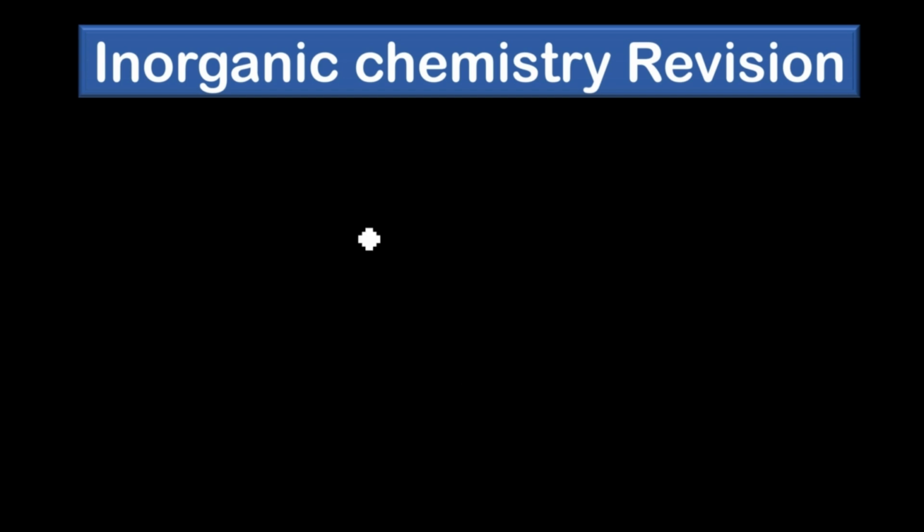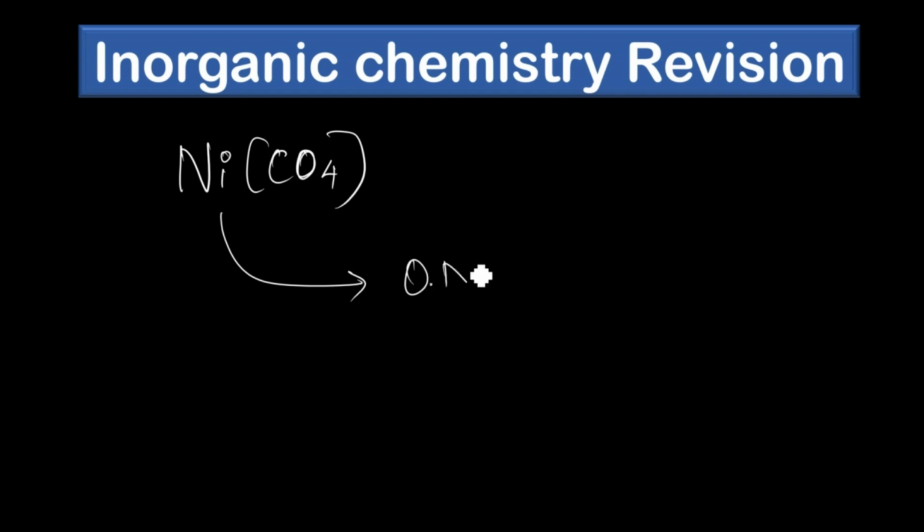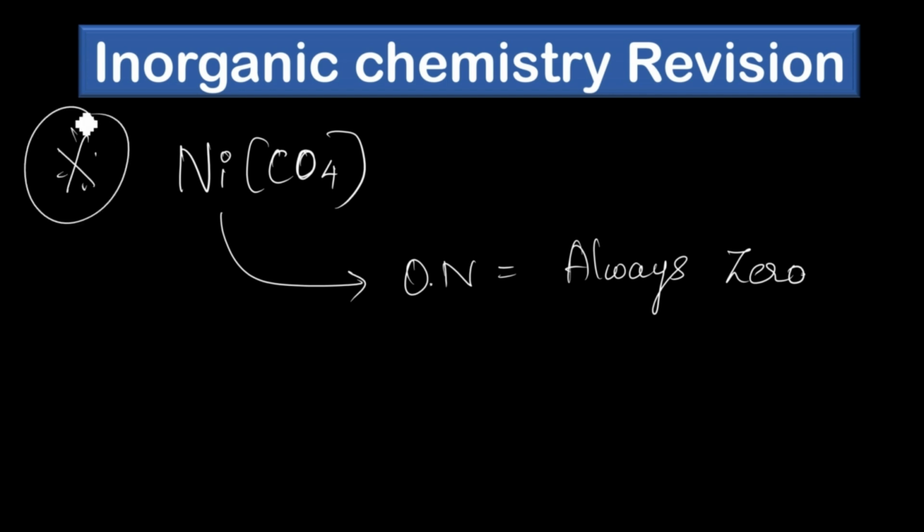Similarly, you can find it for other ligands as well. The exceptional case is the carbonyl complex. Whenever you see a carbonyl ligand in the complex, the ligand's oxidation state is always 0. This is an important exception which you can expect as a question as well.